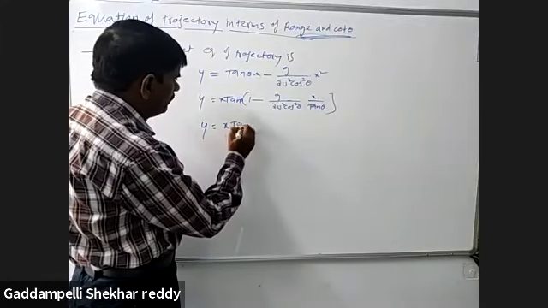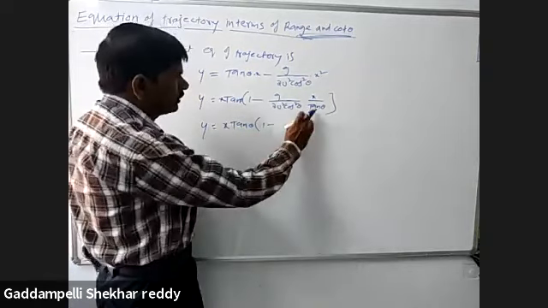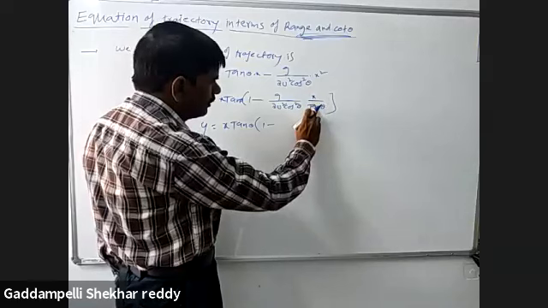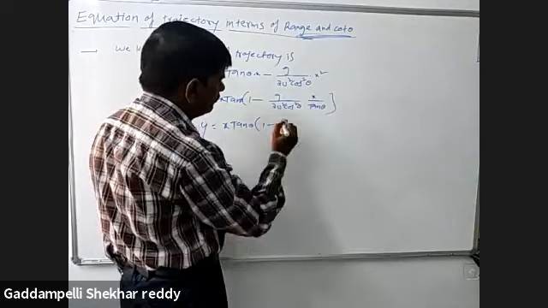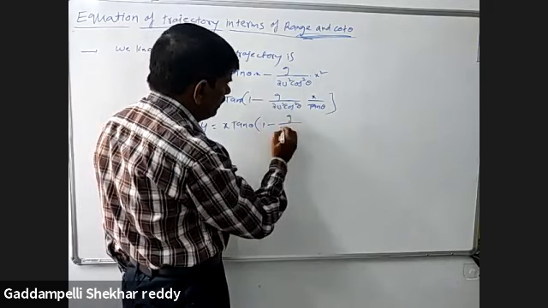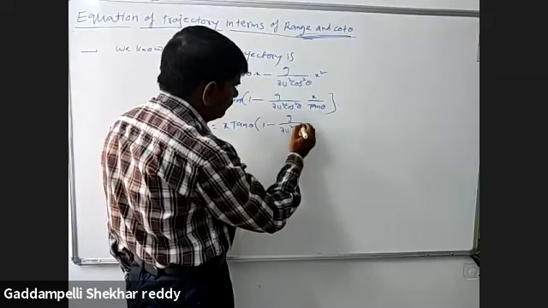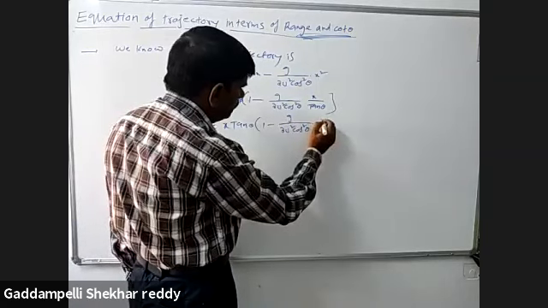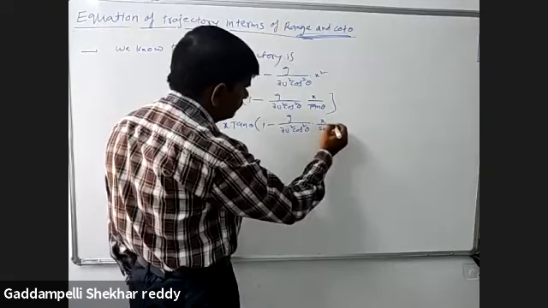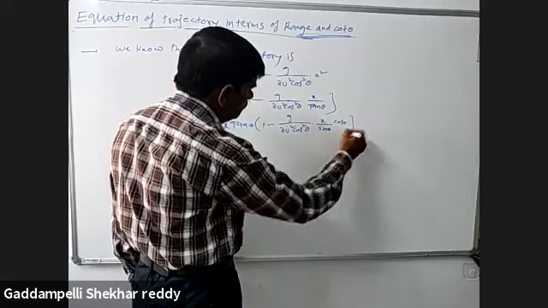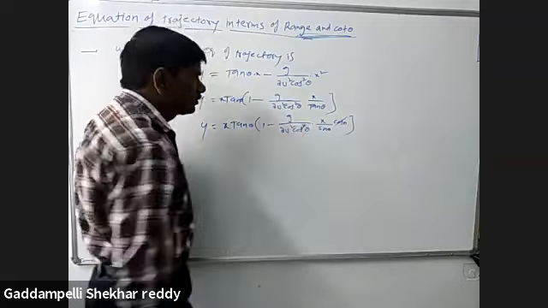So y is equal to x tan theta into 1 minus g by 2u square cos square theta times x by tan theta. Writing tan theta as sin theta by cos theta, cos theta comes to the numerator and the cos square in the denominator reduces.